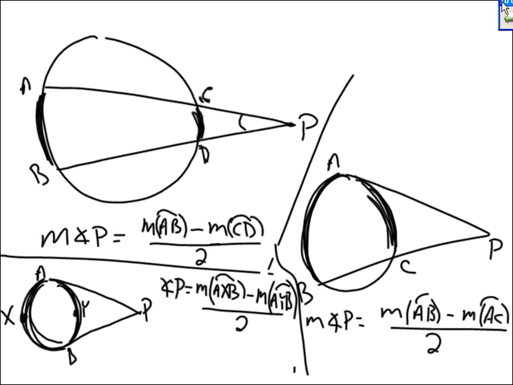It's the big arc minus the small arc over 2. That's to get the measure of the angle that is outside.